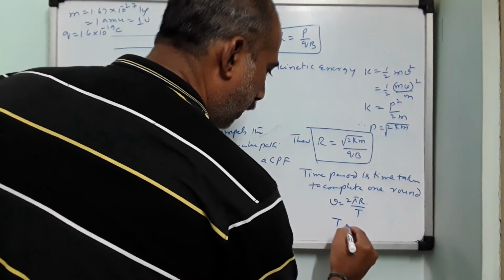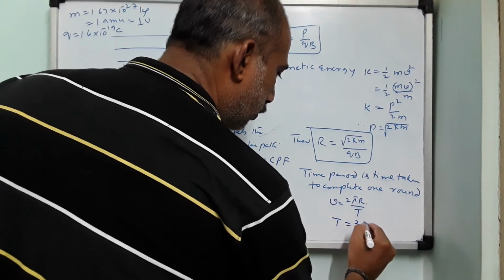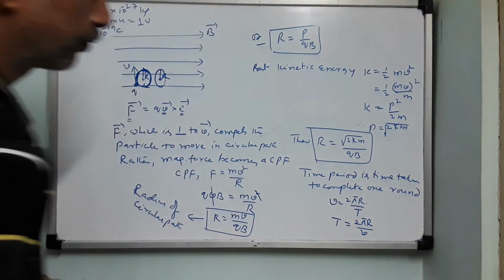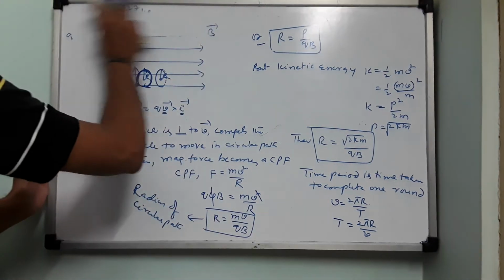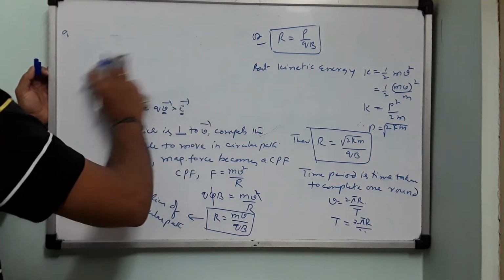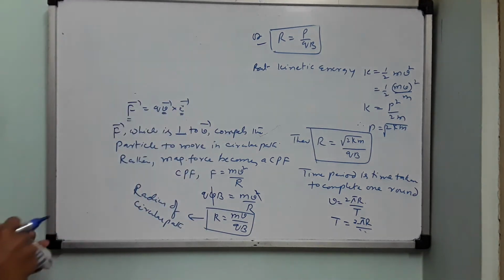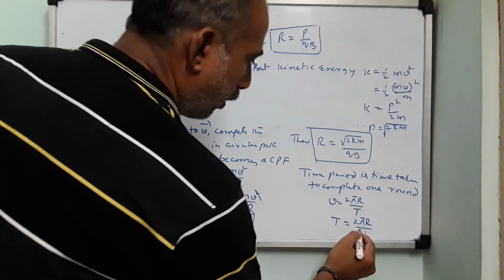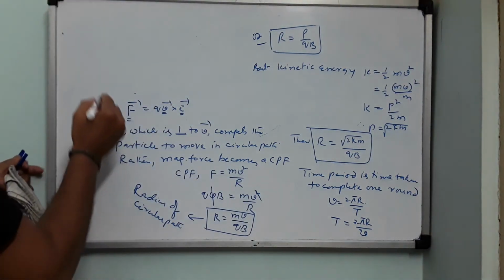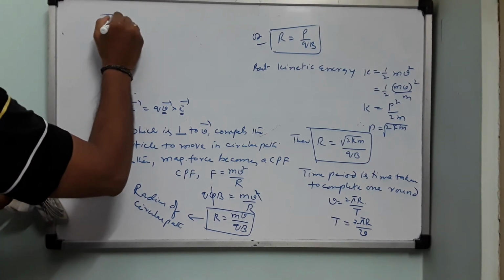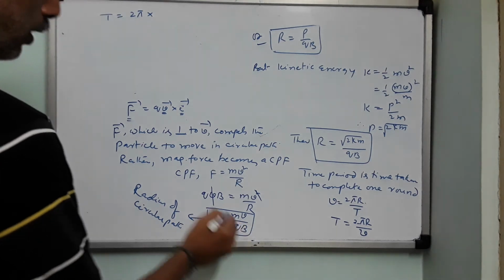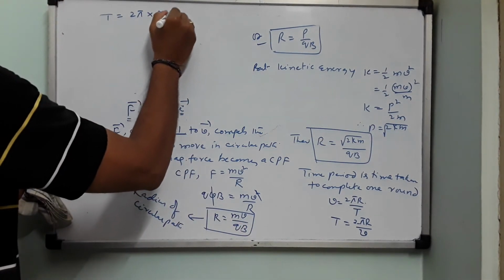Therefore, capital T, now I am trying to find it out. So I am bringing it to the left side: 2 pi r by v. Now let me substitute the value of r there. So this equation will become T equals 2 pi into, my r is nothing but mv by qb.